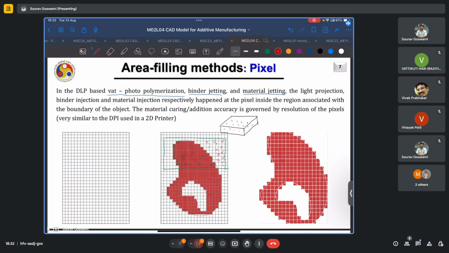That is, they will not release any material in the case of material jetting or any binder in the case of binder jetting. Depending on the resolution of your deposition head and the resolution of the tool path which you have planned for your deposition layer, you can have a less erroneous representation of the original curve, as we see here. So here in certain cases we have over deposition, and in certain cases we also have under deposition.